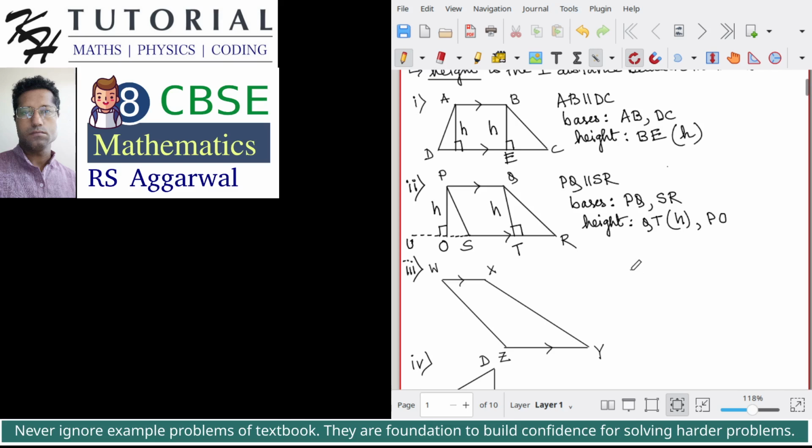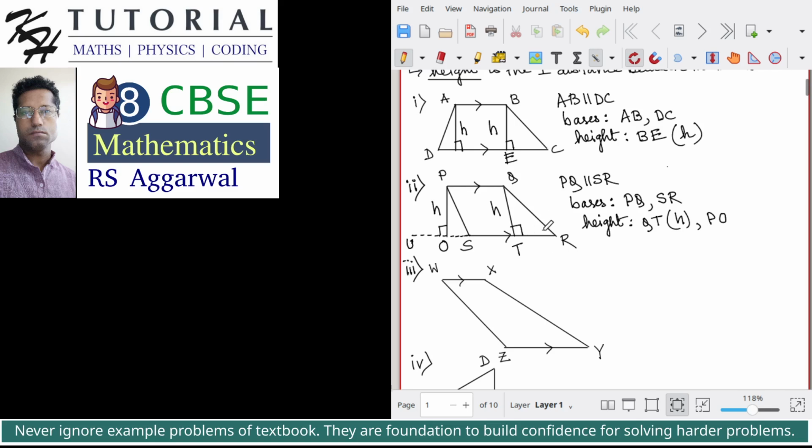So basically, in a trapezium each parallel side has two endpoints. From one endpoint of one parallel side, if I draw a perpendicular to the other parallel side, that will be the height of the trapezium.